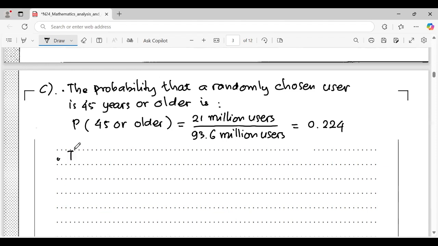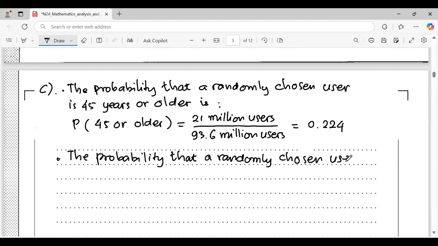And second, I would like to determine the probability that a randomly chosen user is 65 years or older.